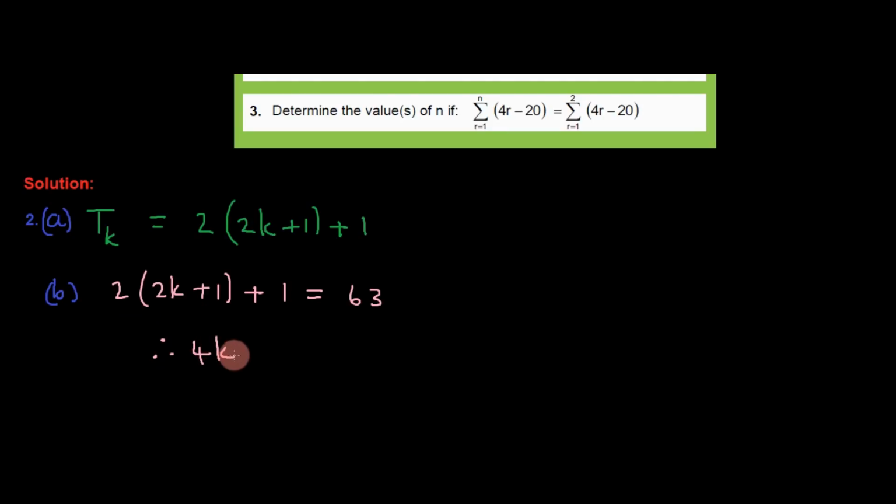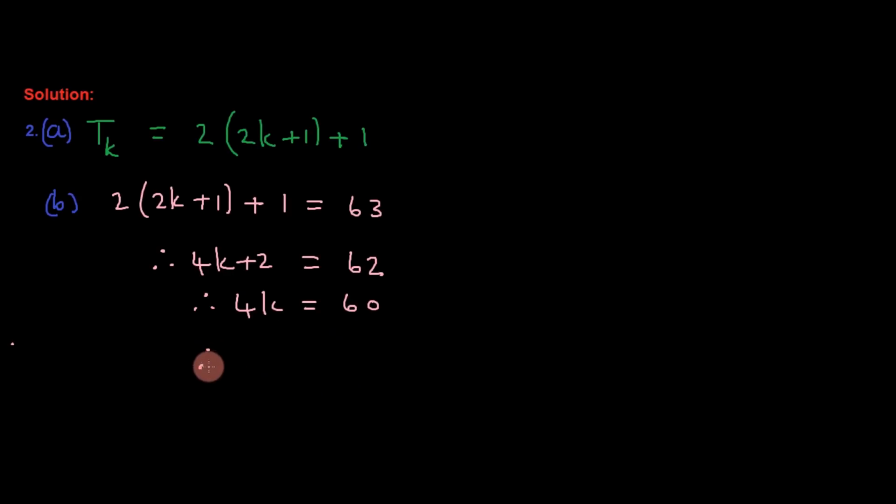So it's 4K plus 2 equals 63 minus 1, 62. We can take the 2 to the right-hand side, and 4K is 60. And then solving for K is 60 divided by 4, which is 15. So the 15th term will equal 63.